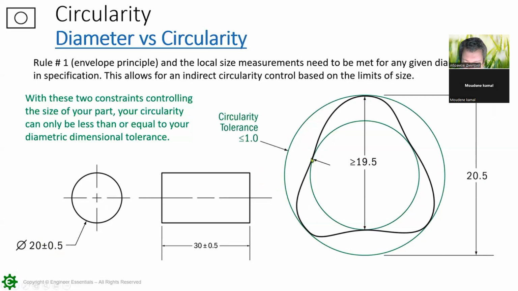Now, that produces a diameter inside of here that is 18.5, right? 20.5 on maximum material condition out here on the outside diameter. But anywhere around here, this surface can dip all the way down to that 1 millimeter distance. Well, that is the 18.5 in here. Notice that 19.5 is tangent here to the inner circle, but then going out tangent to the maximum material condition.